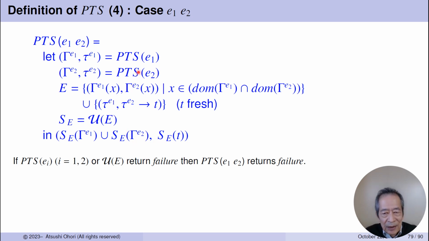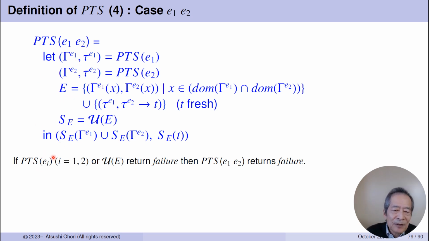And then the result of application is this part: applying this substitution to this type variable, we get the result type. So this is the most complicated part of the PTS algorithm. That is the case for application, but still we can now understand completely what this algorithm does.